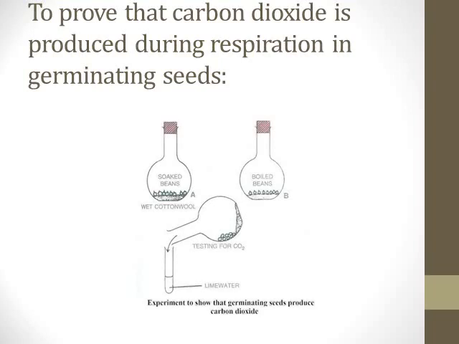And in flask B, we are going to keep some boiled, that is dead, seeds. As usual, since they are dead seeds, to prevent decay we are going to put some antiseptic in the dead seeds and keep them in flask B.